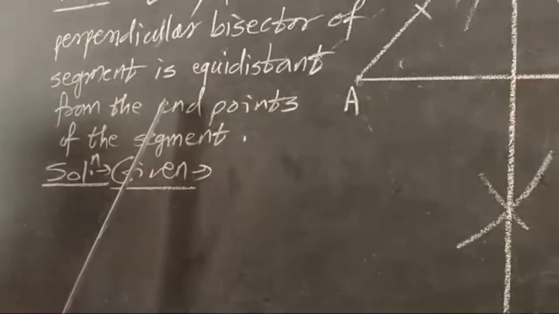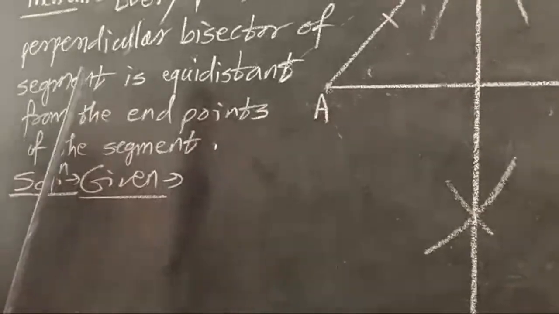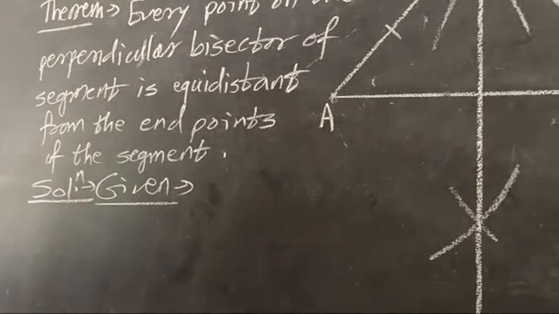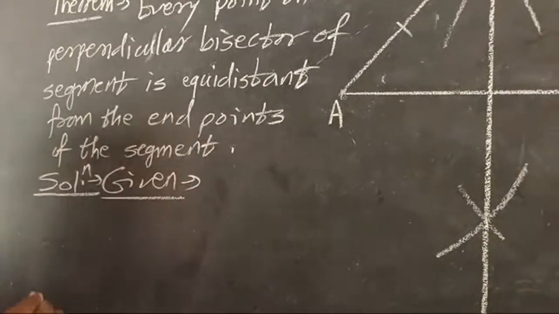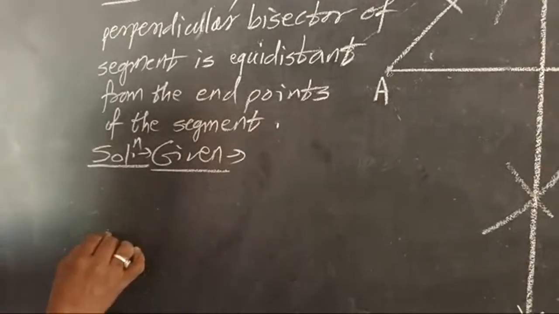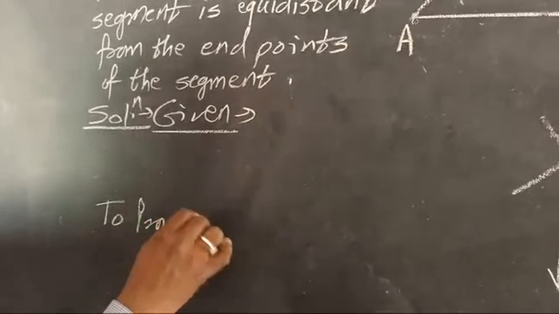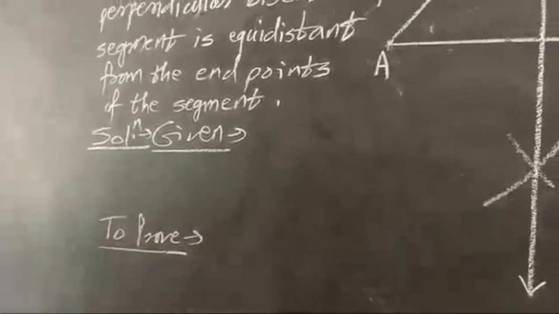If and then is not present here, then which sentence is before that? The next part after given is to prove. Correct. Tell the to prove sentence.